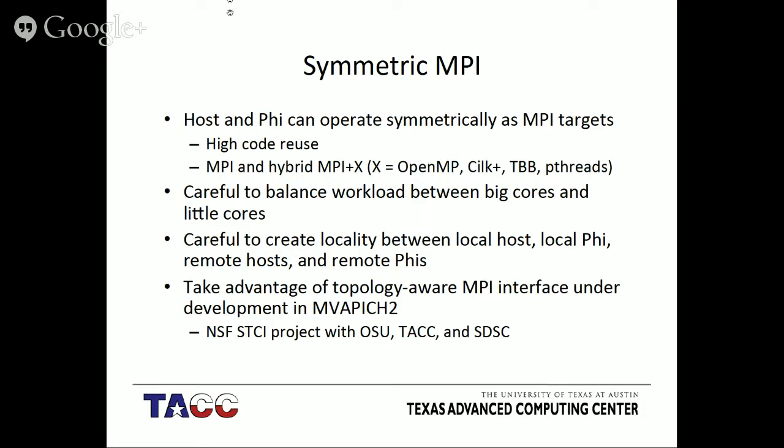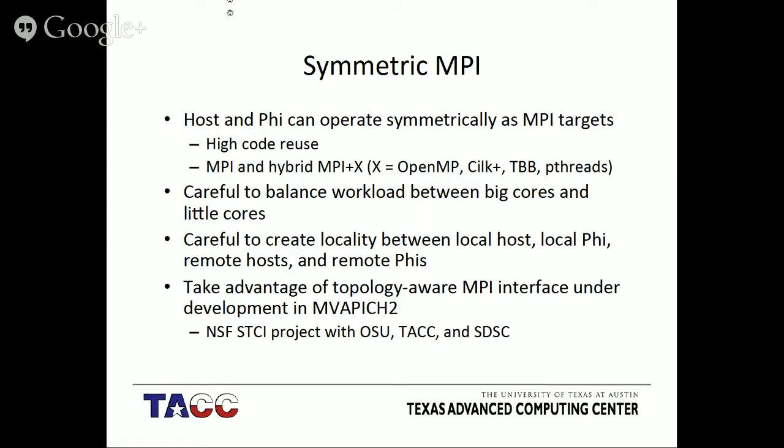So in first approximation, you're running exactly the same code on the host and on the mic. All the communication between host and mics are done through MPI. And so from an MPI point of view, everything looks symmetric. Everything is just one communicator in MPI, and there's no difference made due to the hardware.